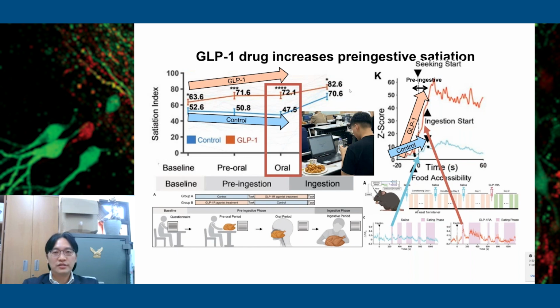So I think these 2 data mirror each other. This one is the neural response to an event, and this is the symptom response to an event, and they show similar temporal dynamics. And we propose that this is evidence that in humans this symptom of increased satiation is encoded by these dorsal medial hypothalamus GLP-1 receptor neurons.